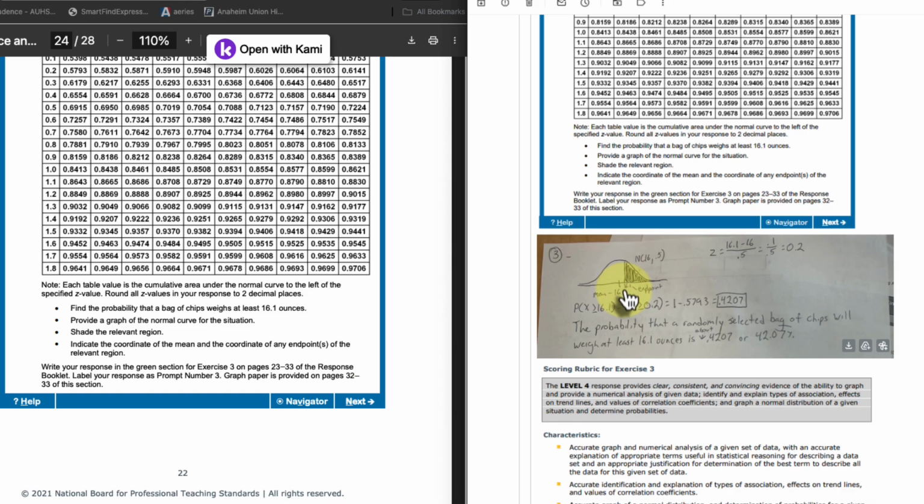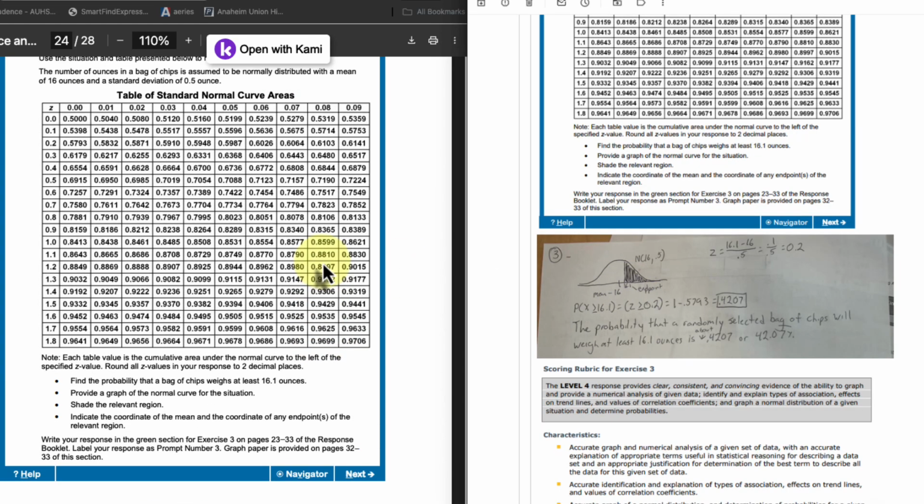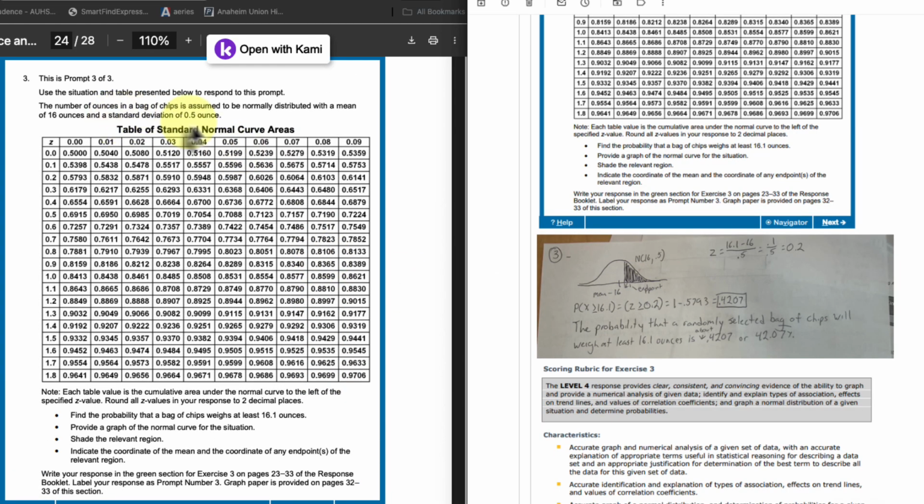I also would have liked seeing the intervals counting by 0.5. I think that would have been nice if you're showing us that the standard deviation is 0.5. So just counting by 0.5s would have been nice.